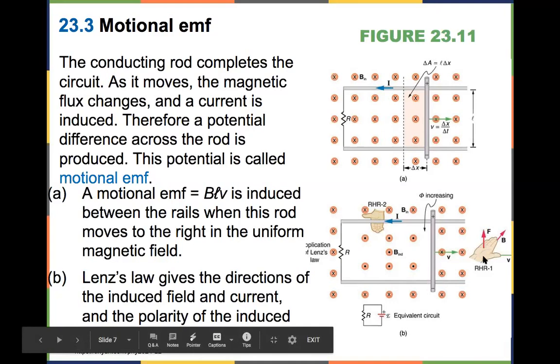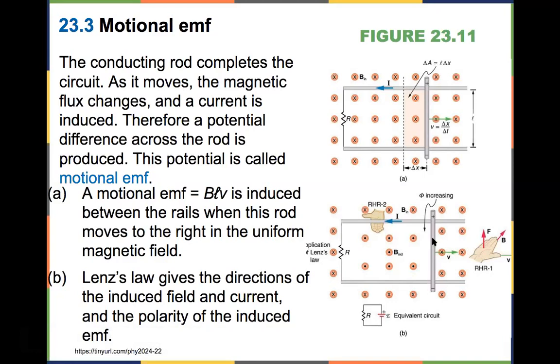Or, as the figure shows, using right-hand rule 2: because you have a magnetic field originally pointing into the screen, and now the area increases, that means the flux will be increasing.